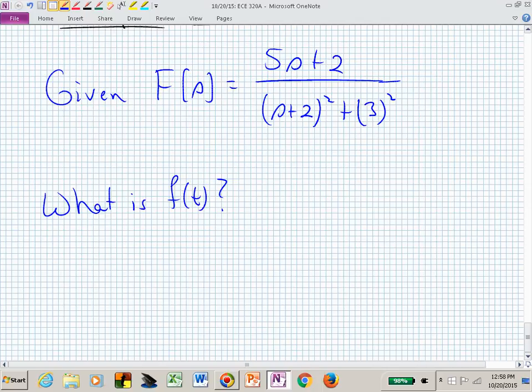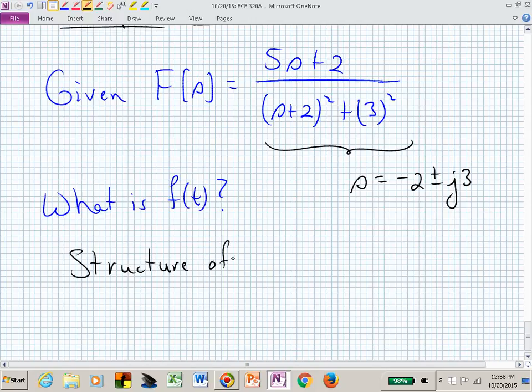To write that down, you need to know what values of s cause the denominator to become 0, and the way that it's written, it immediately tells you that those poles are at minus 2 plus and minus j3. Now that you know the poles are there, you can immediately write down the structure of f of t.